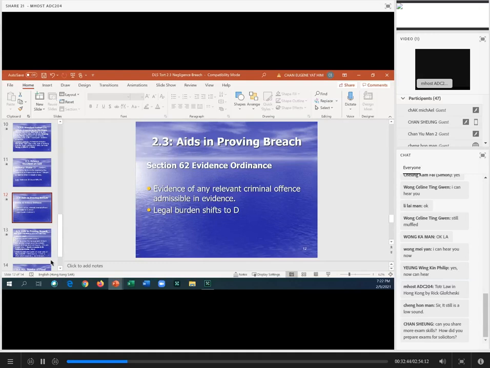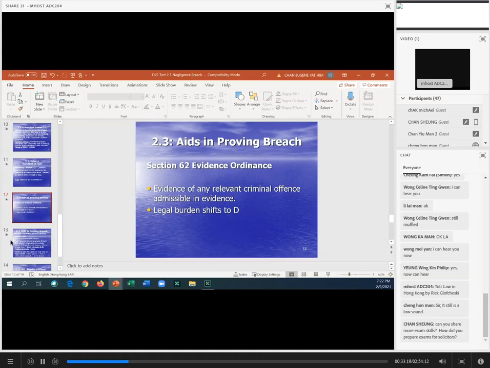Section 62(1) says, in any civil proceedings, the fact that a person has been convicted of an offence by or before any court in Hong Kong shall, subject to something else, be admissible in evidence for the purpose of proving, where to do so is relevant, any issue in those proceedings. Now, of course, let's say the car driver is convicted of careless driving. Well, certainly that's relevant to a civil action for negligence.